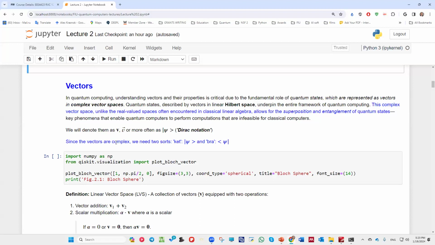And vectors can also exist in a mathematical space, or an auxiliary space.